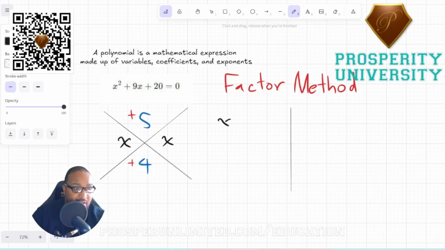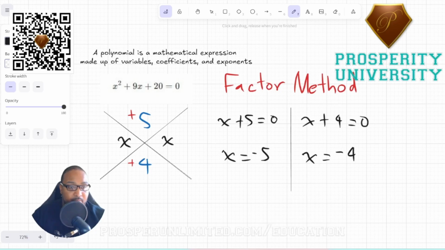So in this case, you would have x plus 5 equals 0 and x plus 4 equals 0. And you would use your middle school algebra, solve it backwards, and you would end up with x equals -5, and x equals -4.